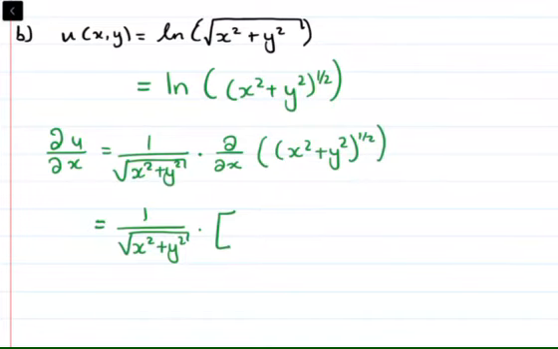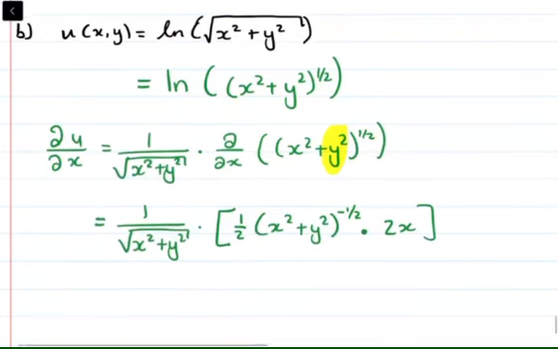Remember that since we are differentiating with respect to x, we do chain rule. And remember that since we are differentiating partially with respect to x, it means that we consider y as a constant. So we bring the half to the front, we keep the function as it is, and then we subtract 1 from the exponent, multiplied by the derivative of the inner function, which is 2x.